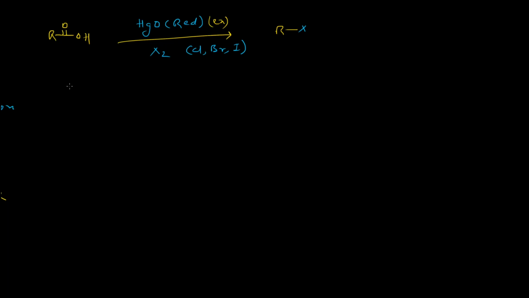So let us consider the mechanism of this modified Hunsdiecker reaction. So first will be the reaction between mercuric oxide and the halogen, and after the reaction mercuric halide will form along with the formation of this particular species, which will then react with the carboxylic acid present in the reaction medium.